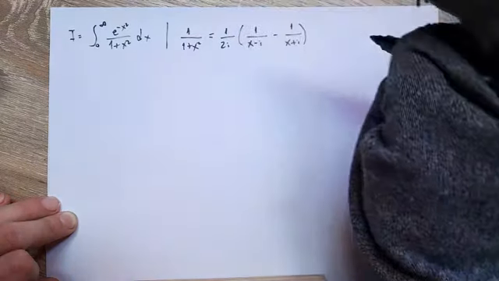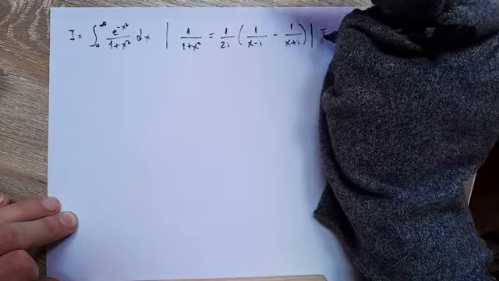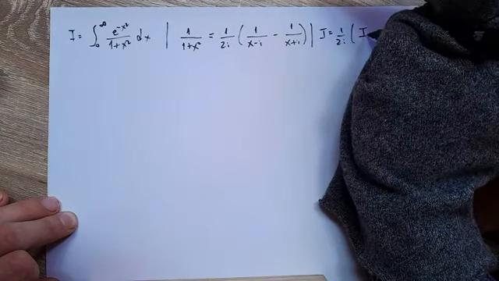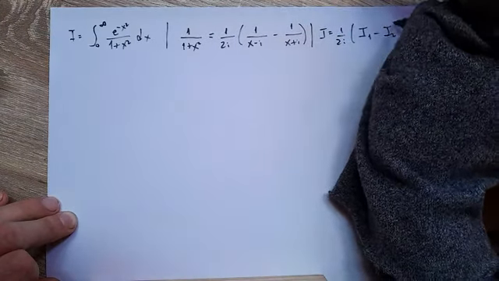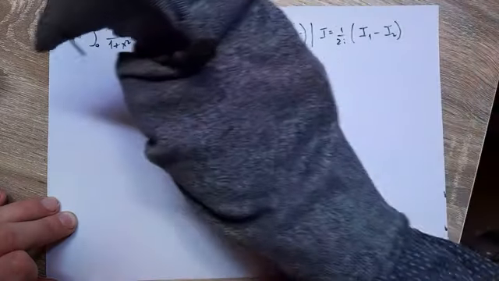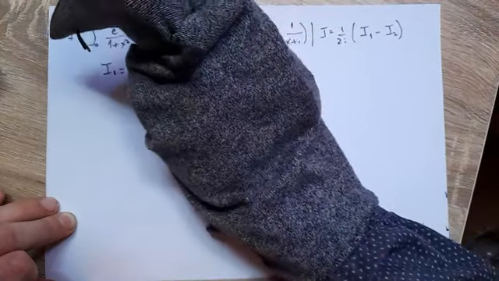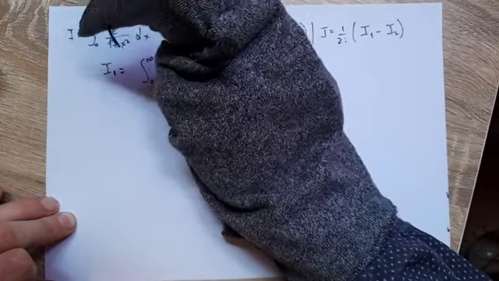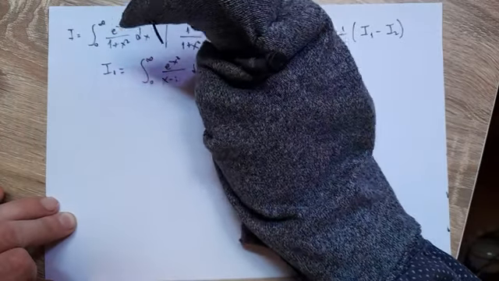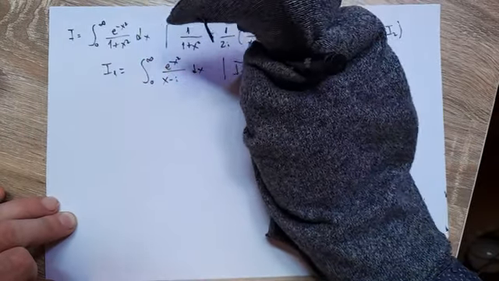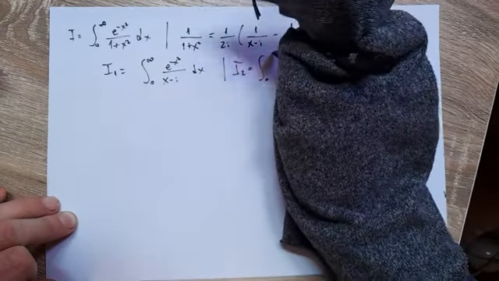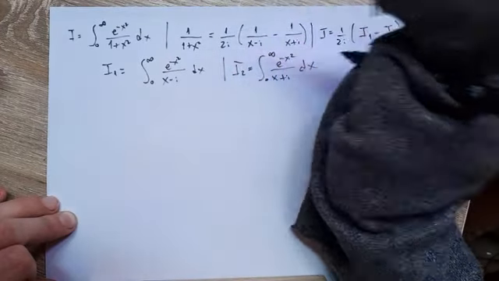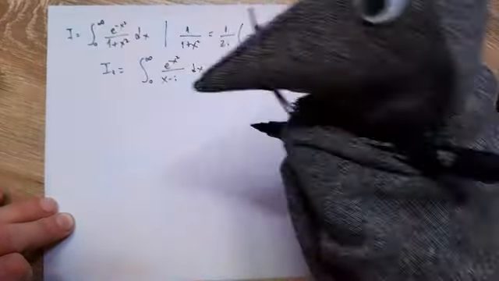So our integral I will be 1 over 2i times I1 minus I2, the minus sign coming from here, where I1 equals the integral from 0 to infinity of e to the minus x squared over x minus i dx, and I2 equals the integral from 0 to infinity of e to the minus x squared over x plus i dx.